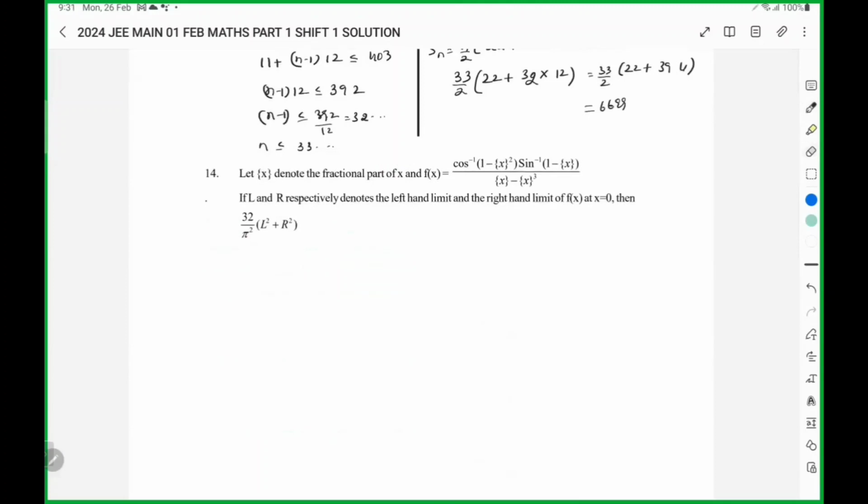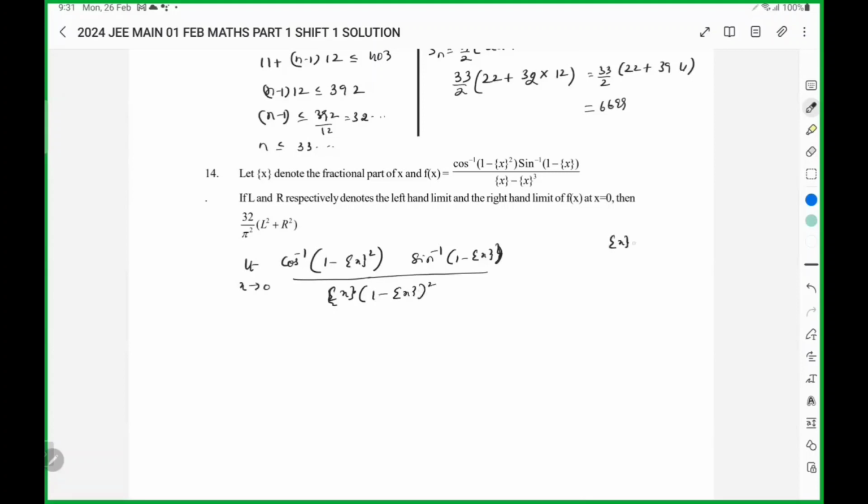In this one, first, don't get afraid by seeing this type of question. Whenever a fractional part is there, we have to find the left and right limits. Limit x tends to 0 of cos inverse of (1 minus fractional part of x whole square) into sine inverse of (1 minus fractional part of x), by fractional part of x into (1 minus fractional part of x) whole square.